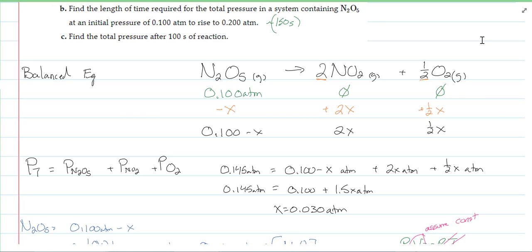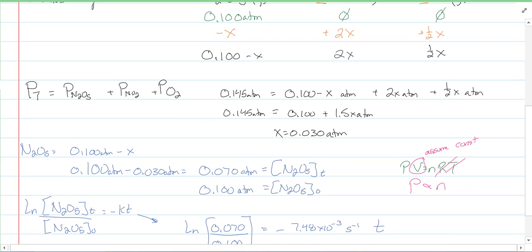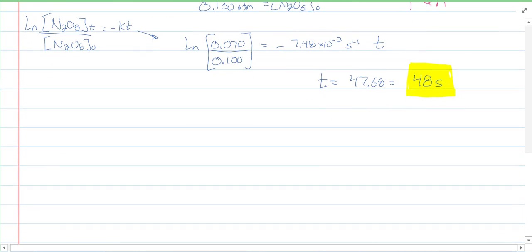C is a little different. C, we're trying to find the total pressure after 100 seconds. So now you actually have a different setup. So if we look at C, of course, C is set up the same way. We still have N2O5 decomposing. I'll put a plus sign.